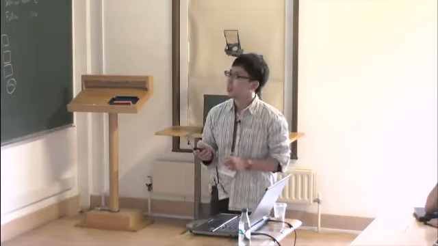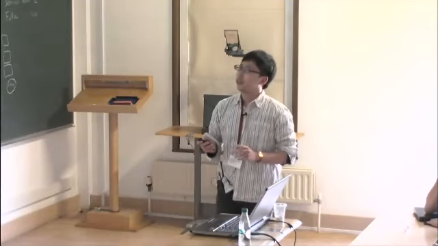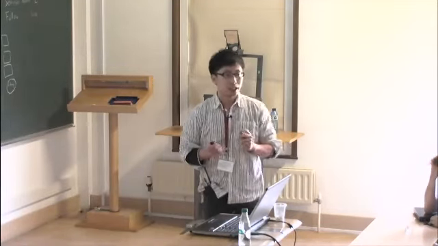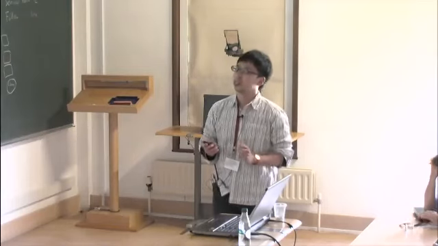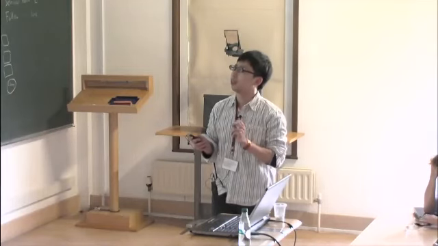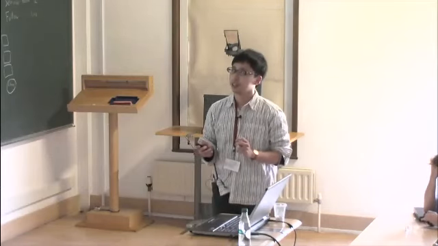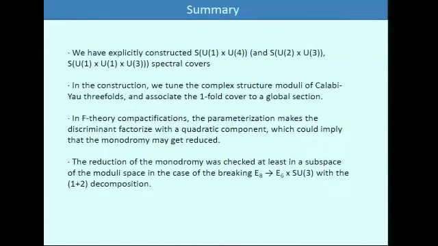So let me summarize. Here we explicitly construct spectral covers of vector bundles whose structure group is S(U1 times U4), and actually in our paper we also constructed the 2 plus 3 factorization and 1 plus 3 factorization spectral covers.